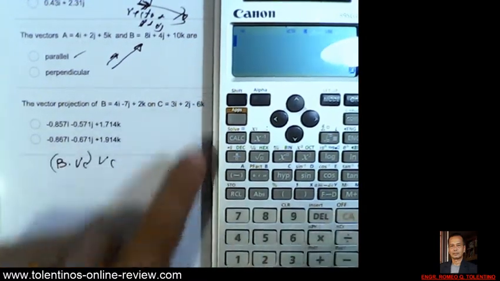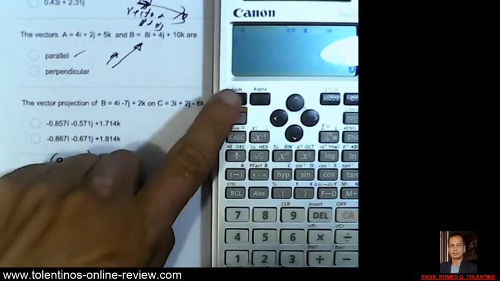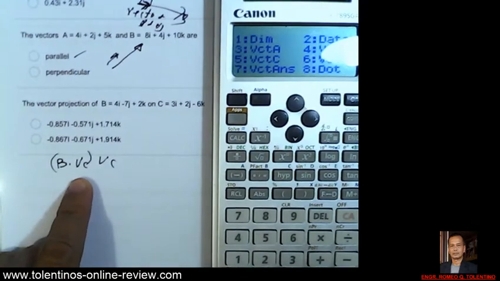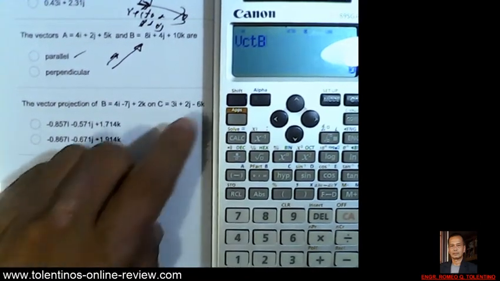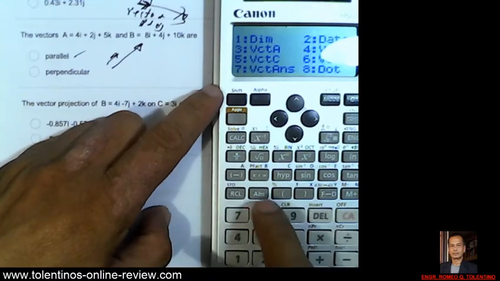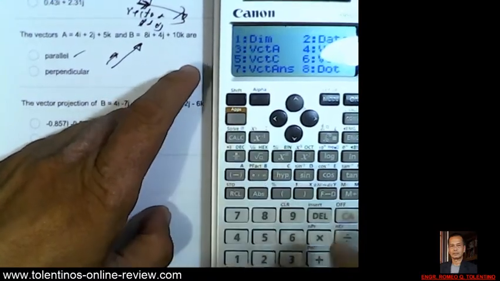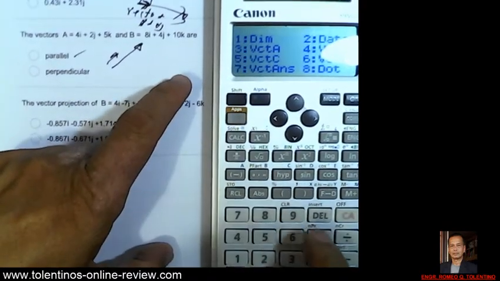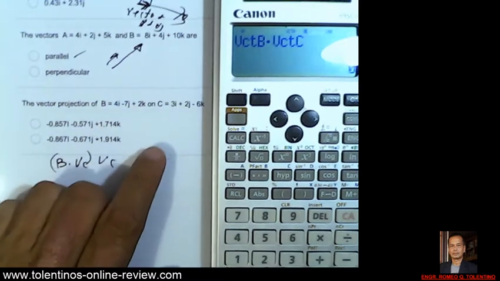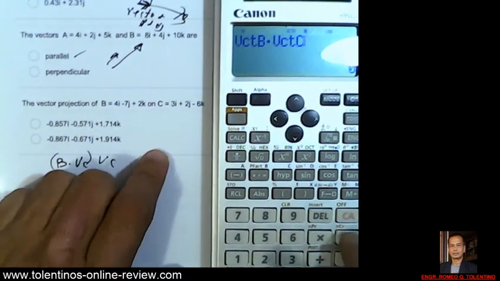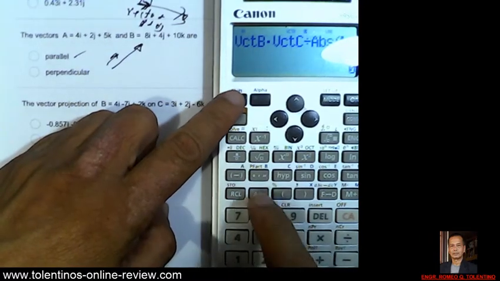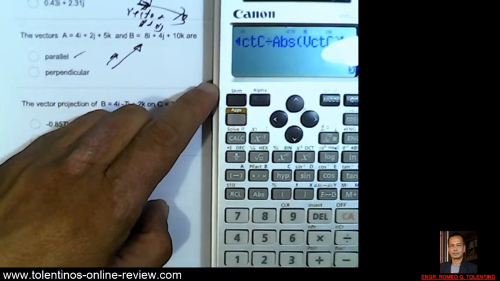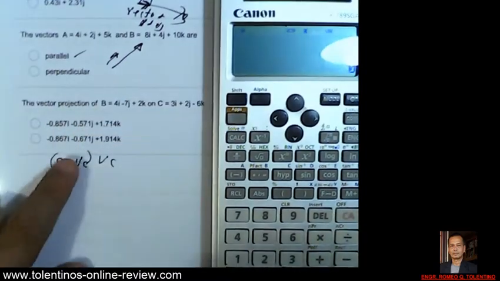And then, okay, we have shift apps, we have vector B. Okay, unit vector yan, shift apps dot, shift apps for vector C, shift apps vector C divided by absolute value of vector C. Okay, I'm sorry, mali ako, hindi ko nalagay yung C ha.